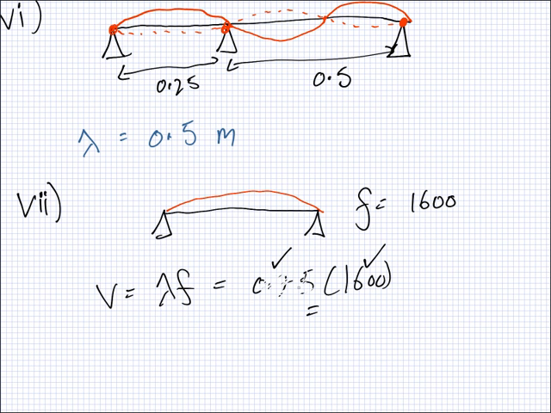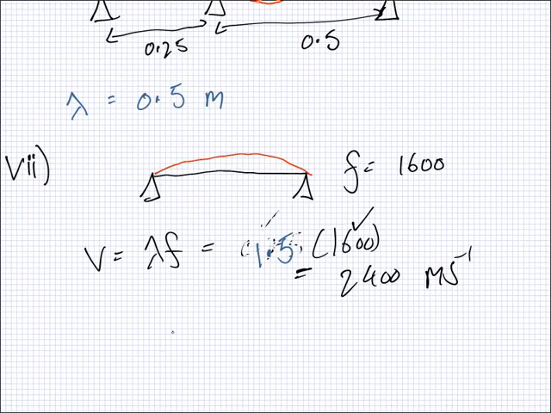Thank you, Matt. Again, I'm tired, hot, and hungry. That's 1.5, because that's only half of a wave. Terrible, Stephen, terrible. So that's 2,400. Correct? Great. Next.